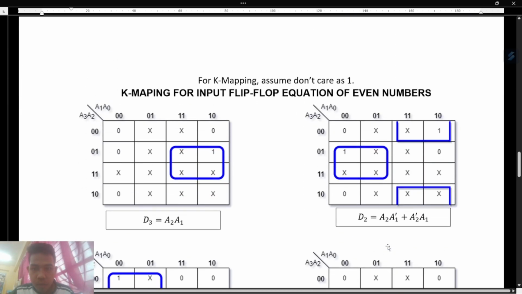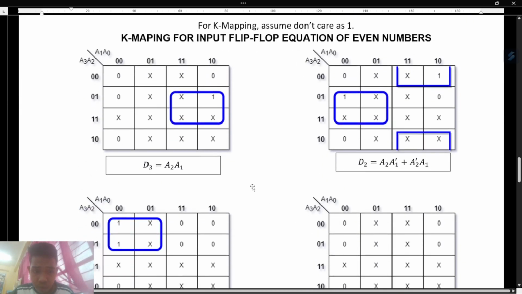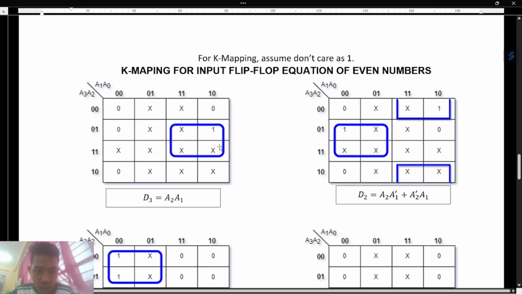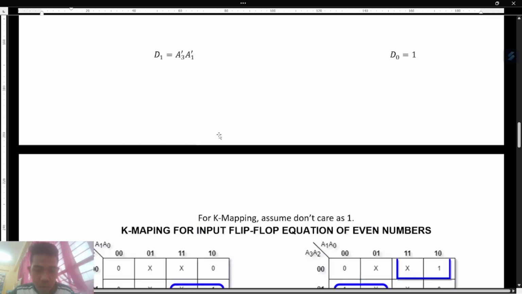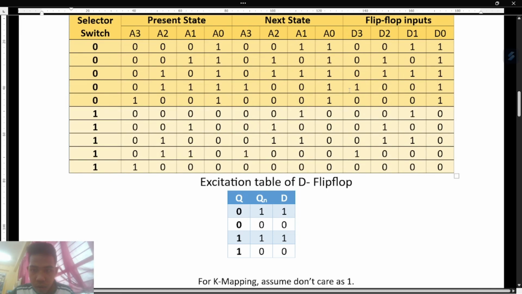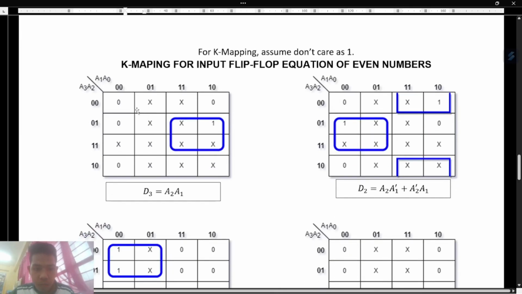For even numbers, for D3, the one is only when the present state is 6. So we group this, E3, E1.